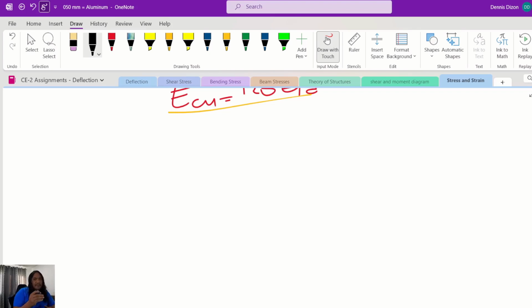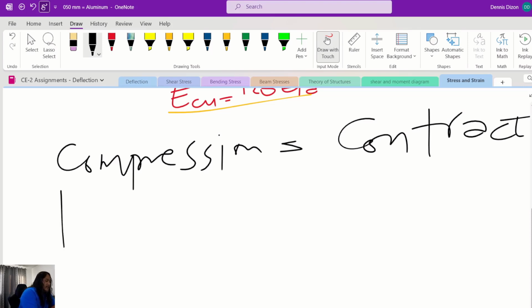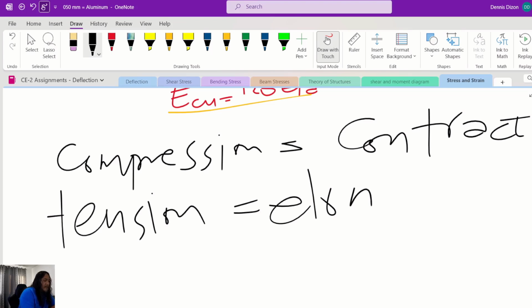We have a force, and then there is also a change in temperature. So for the formula for the stress or the strain, if it is acted by a force, in compression the material will just contract, and then if it is in tension, the material will elongate.